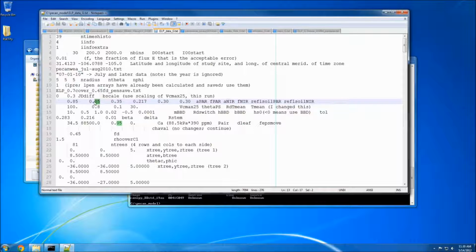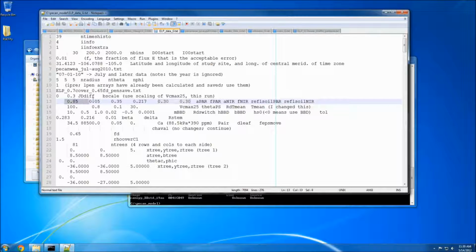The remaining 10% is diffusely reflected. Similarly, in the near infrared, 35% is absorbed, 21.7% is transmitted. The soil has a reflectance of 30% in both the PAR and NIR.